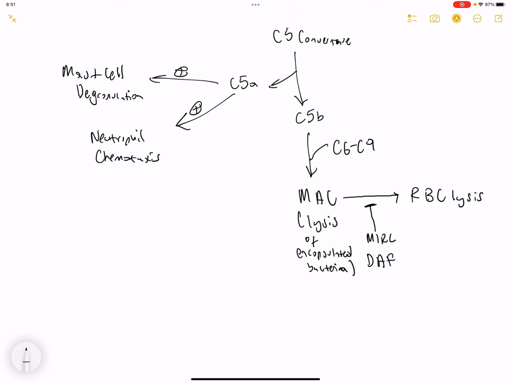Another important thing to know is that MIRL is sometimes called the CD59 protein, and DAF is sometimes called the CD55 protein.